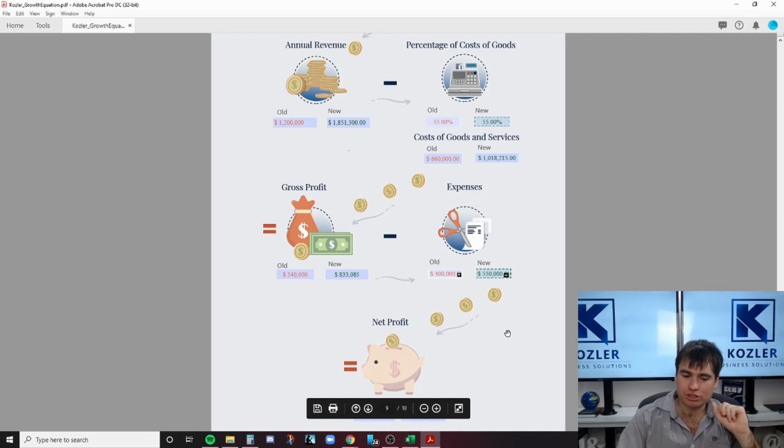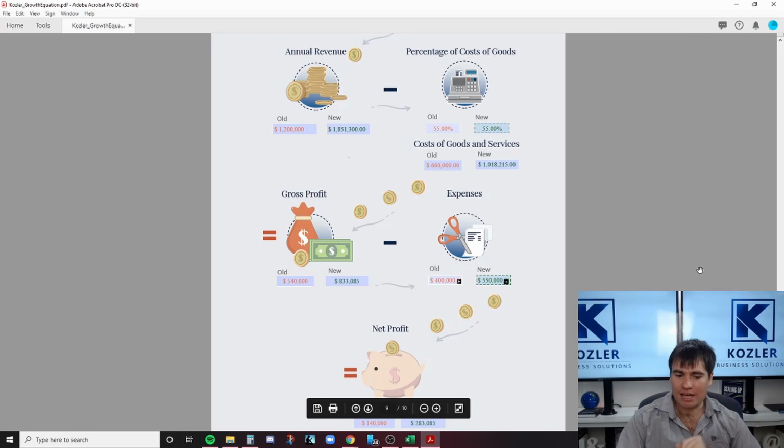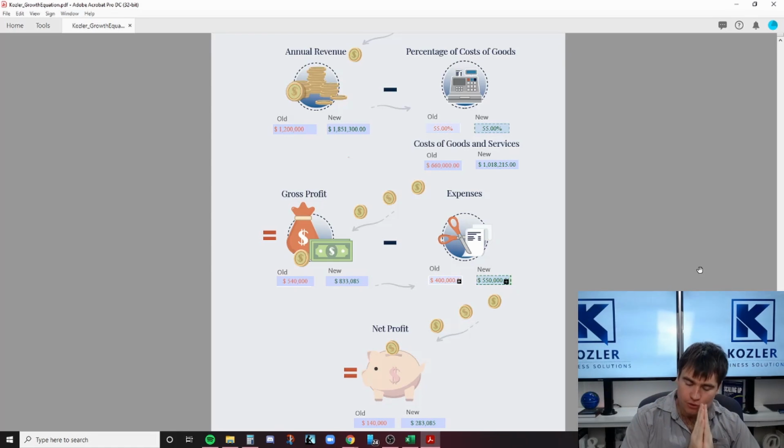It's gone to $283,000. It's over doubled, just by making these few small changes and increasing expenses by $150,000 to pay for all of it. Remember that. We haven't just done all this and not budgeted for it.